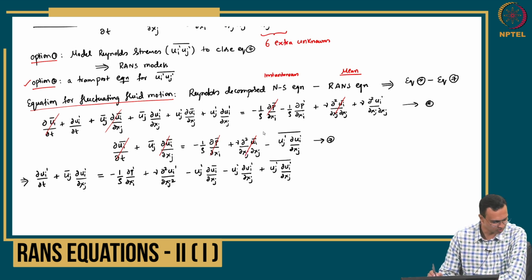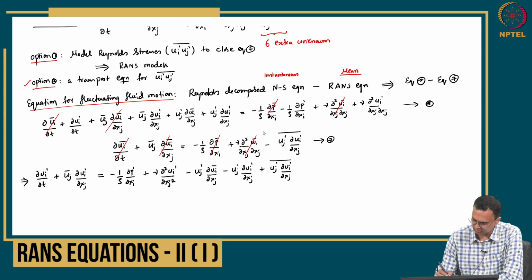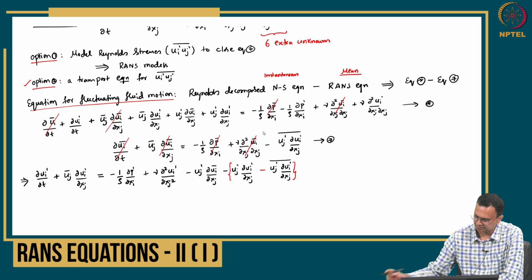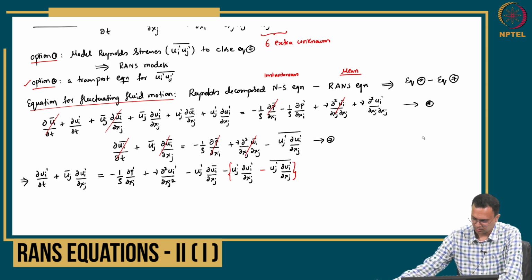Or I can simply rewrite this as minus of this. So I got an extra equation for fluctuating fluid motion.